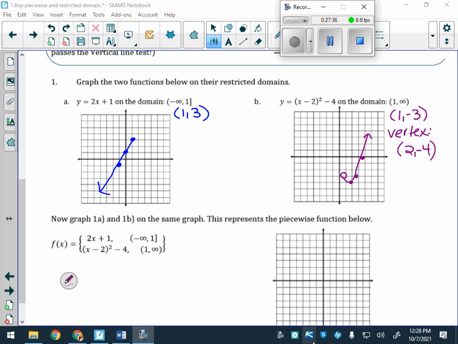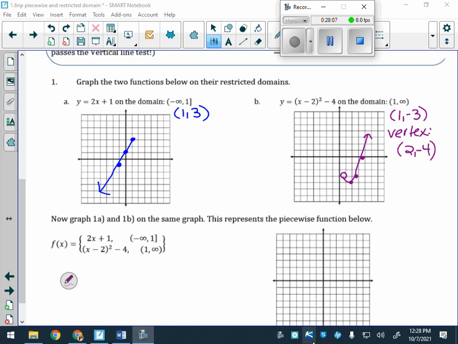With the lines, make sure you're plugging in x values that represent the domain. So if it's x less than or equal to 1, you should plug in 0, -1, and so forth, to show the direction of the graph. Then for B, you know the vertex is (2, -4), and I have an open circle at (1, -3). Since my a value is 1, I also know (3, -3).